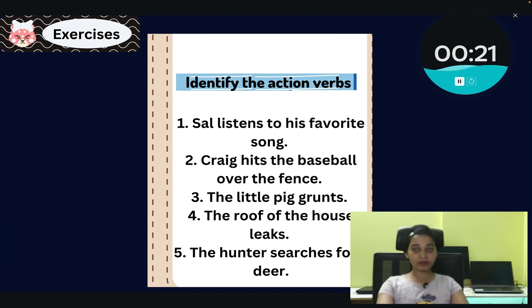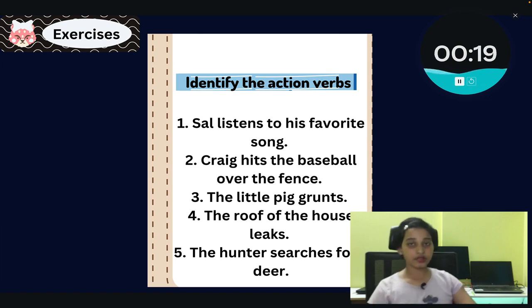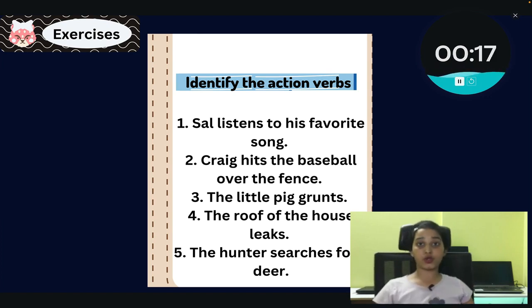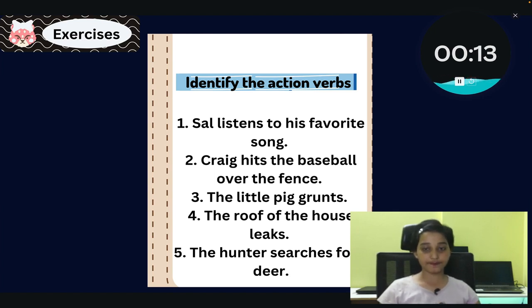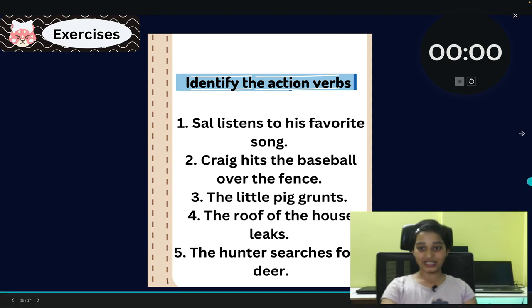If you want more time, you can pause the video, okay? If you think you're short of time. Coming close by. 3, 2, 1, go.